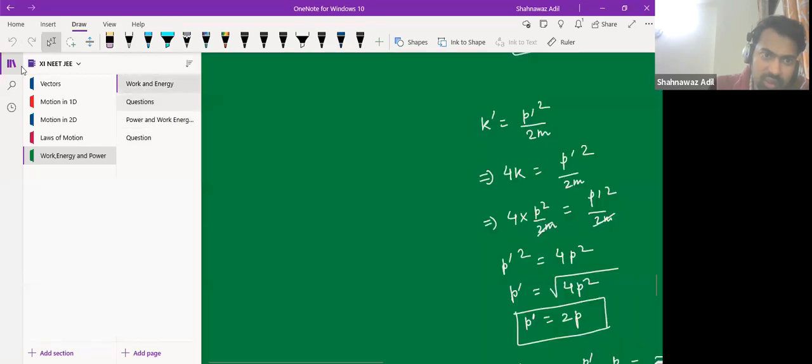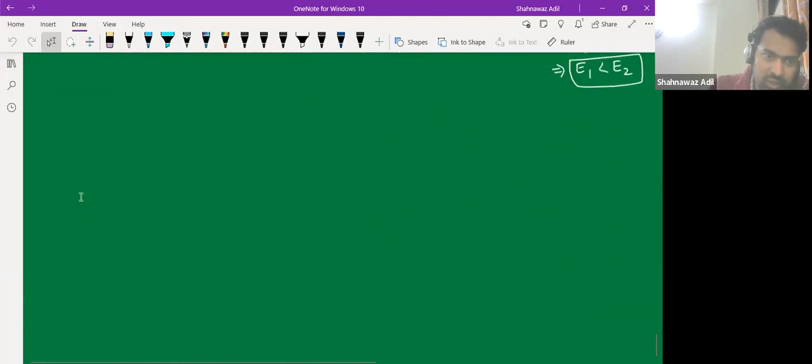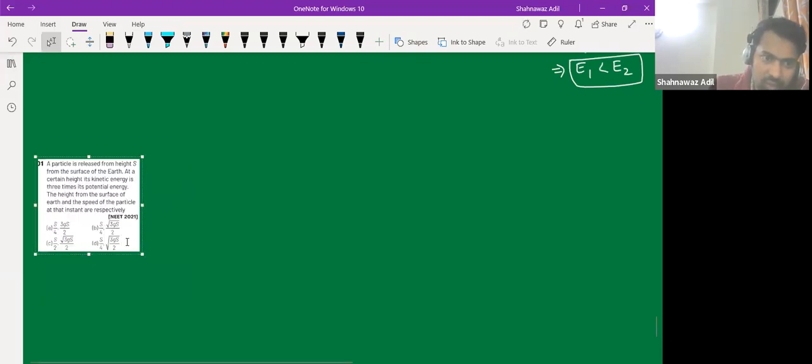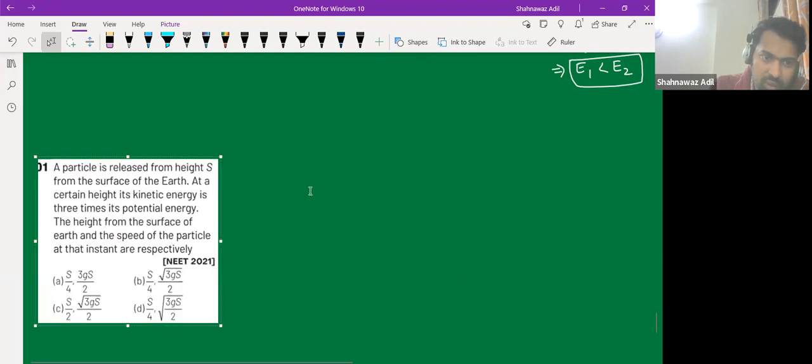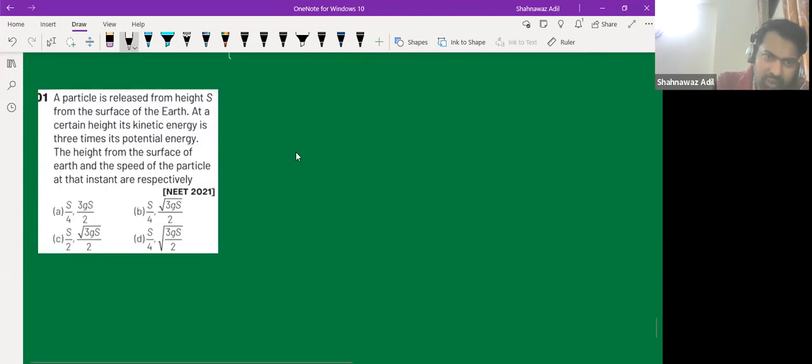This thing uses conservation of energy. So this thing we have already understood, so we'll directly do the question.